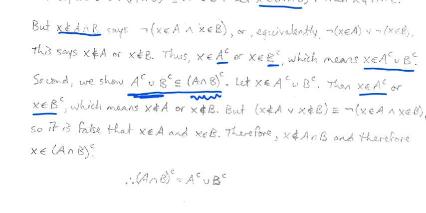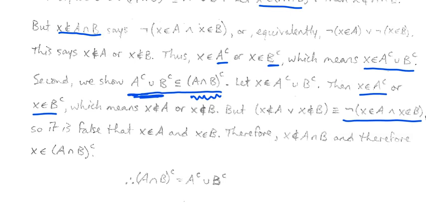But saying this right here, X is not in A or X is not in B, is the logical equivalent of saying not (X is in A and X is in B). So we know from what we've assumed that not (X is in A and X is in B) is true, which means that saying X is in A and X is in B is false.